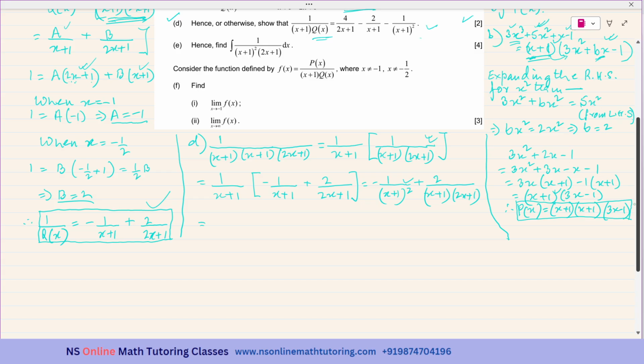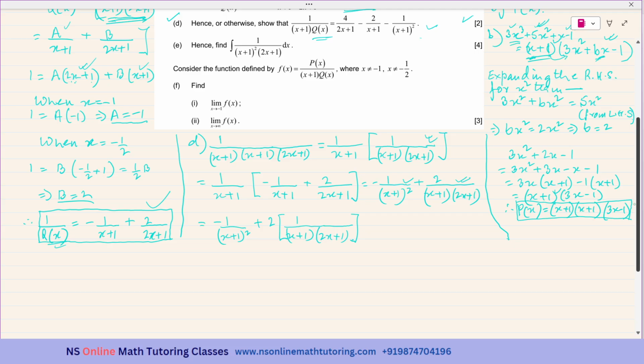But I have to change this part: I have to express it as partial fractions again. So let me write the first term as it is, plus 2 times 1 over x plus 1 times 2x plus 1, which is 1 over q of x.